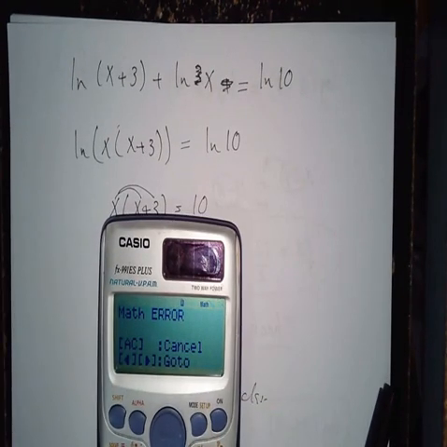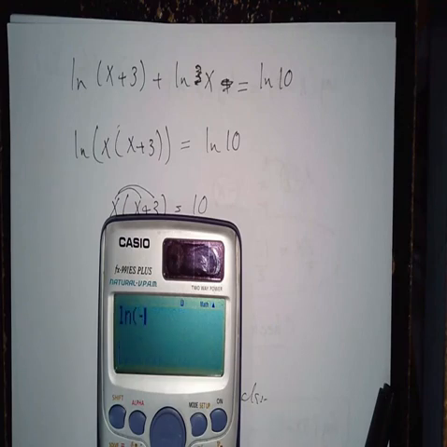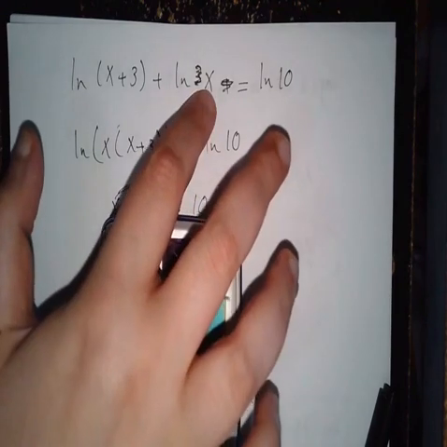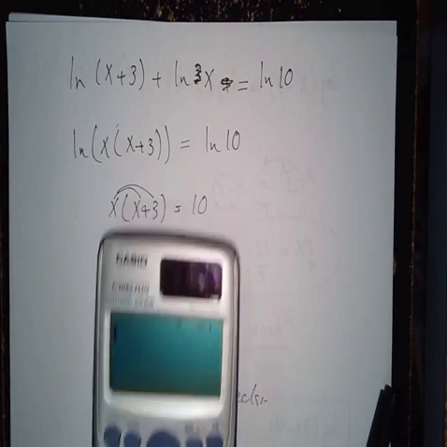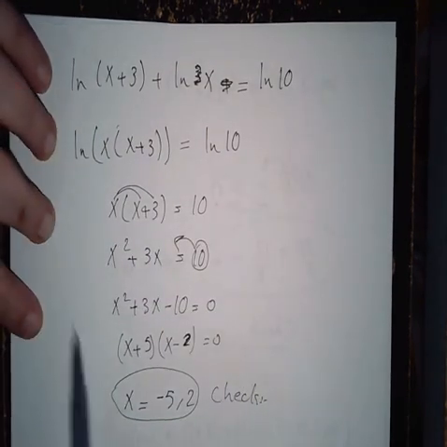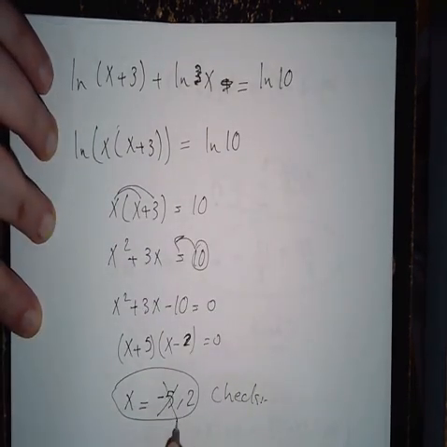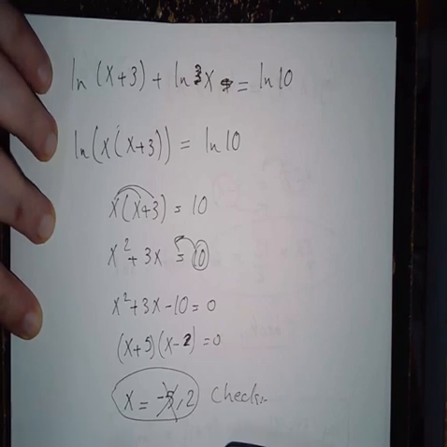And if you haven't guessed it, the natural log of negative 5 alone, because this is just x, is also an error. So, negative 5 is not a solution. Okay?